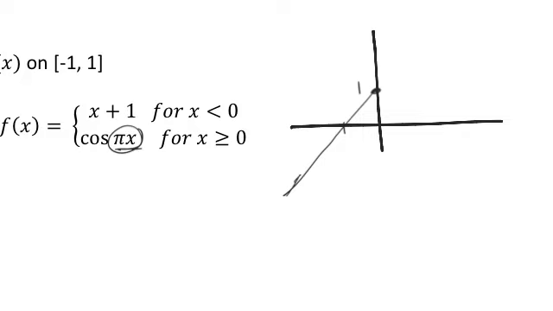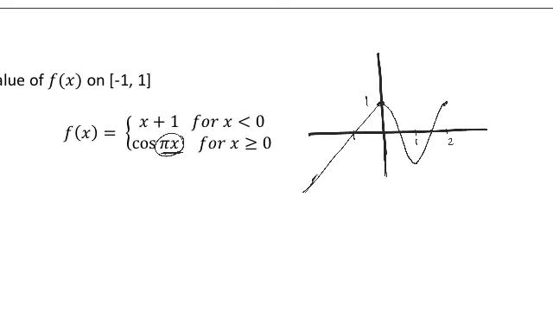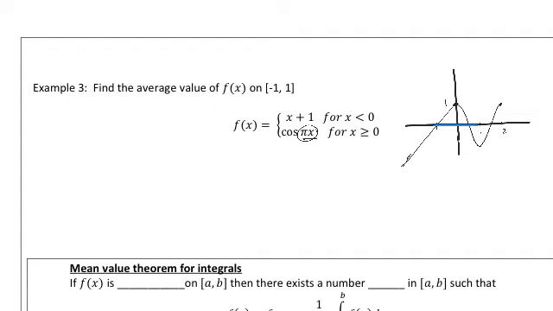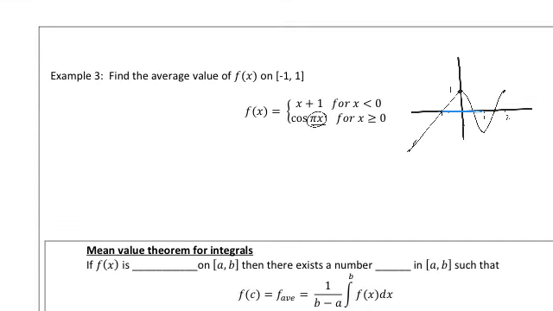So this cosine graph is going to look something like that. And we're looking for the average value of this function from -1 to 1, so on this stretch. We didn't have to sketch it. I just used this as an opportunity to review how to sketch a piecewise function.